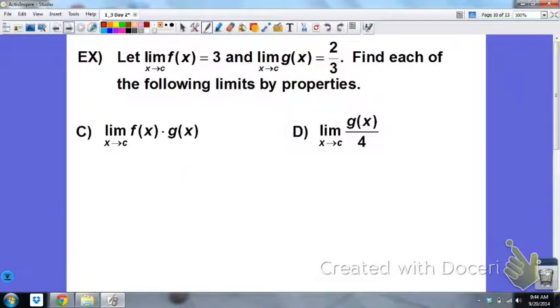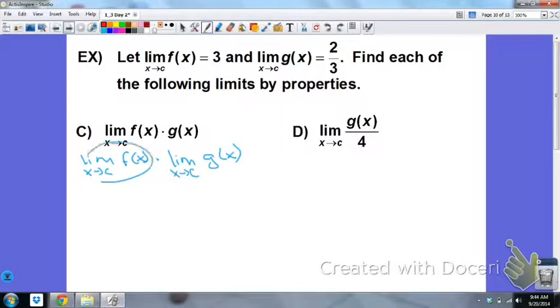Okay, so we have 2 more problems. C says, find the limit as x approaches c of f of x times g of x. Our properties say we can split up a product into 2 separate limits. So the limit as x approaches c of f of x times the limit as x approaches c of g of x.